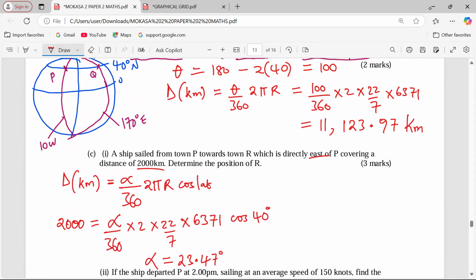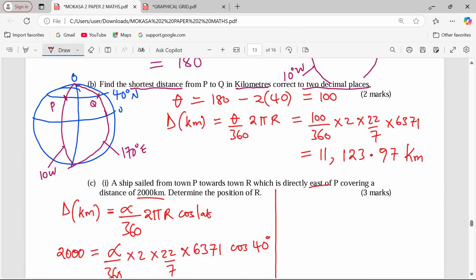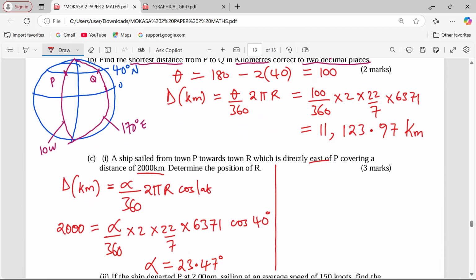That is the longitude difference that we go through. Now, logically, P is already at 10 in the west, but now we are moving through an angle of 23.47 towards the east. This means that we have already covered the 10 degrees from P to the prime meridian, and we are now past the prime meridian.